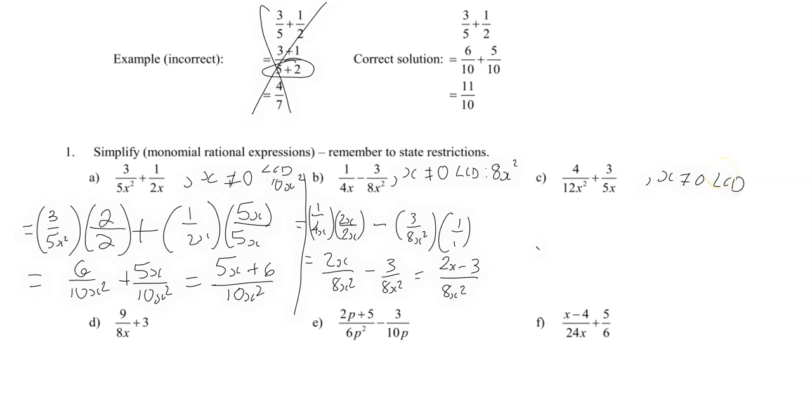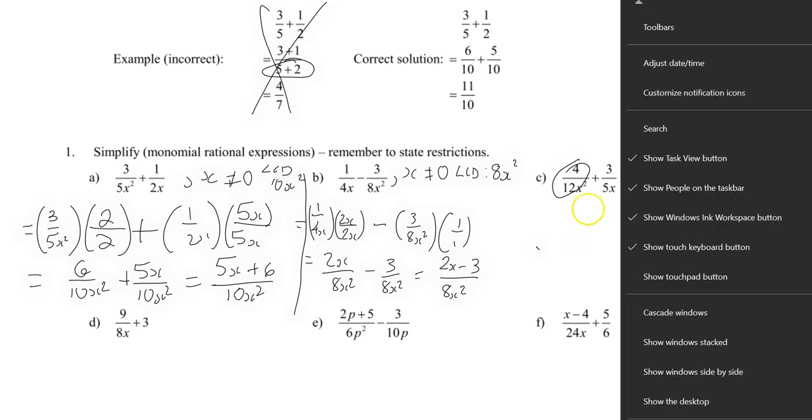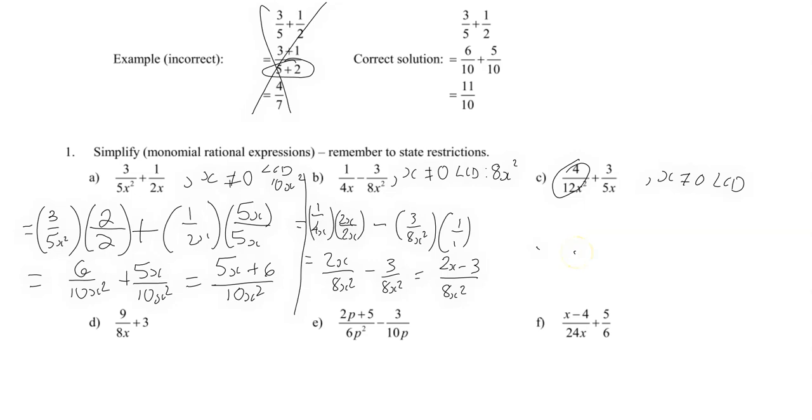LCD. Now, you can simplify this before you do anything. I'm not going to. Let's just see what happens if we don't simplify beforehand. We're still going to get the same answer. So we'll go with the LCD as 60x squared.